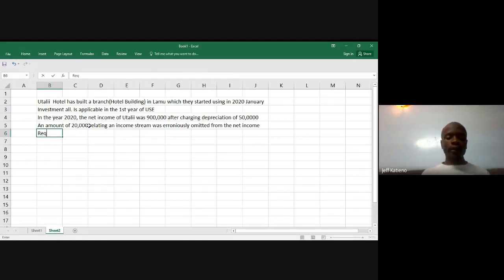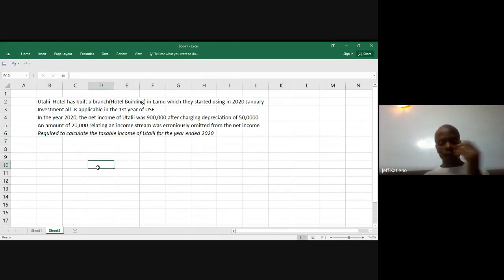So you are required to calculate the taxable income of Utalii for the year ended 2020. So this is the thing that you are supposed to do, and this is how you'll go about it.